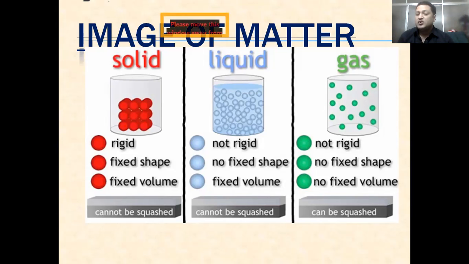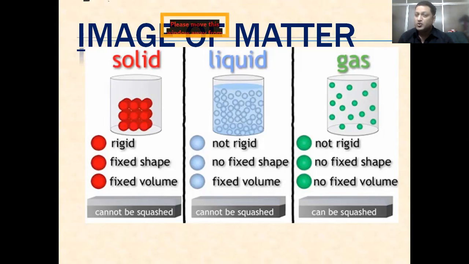Okay, if you think about gaseous matter or gaseous substances, it is not rigid. That means gas molecules move here and there, it has no exact shape, and it is invisible. Okay, and no fixed volume.